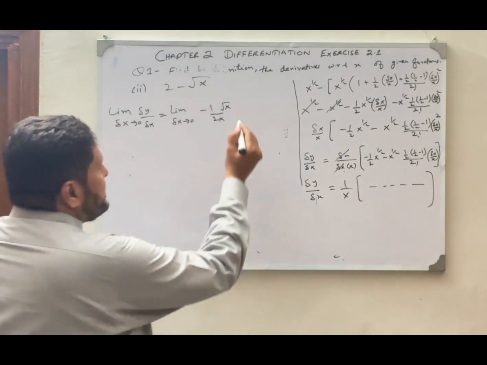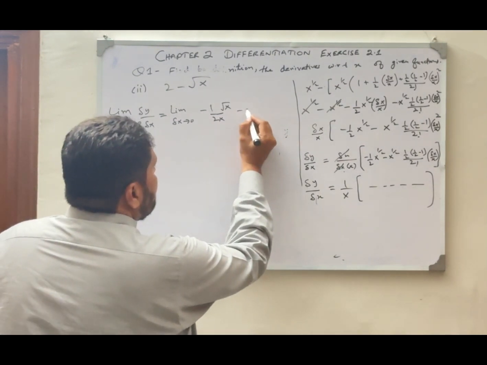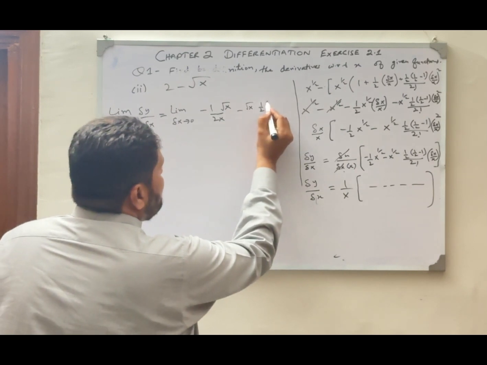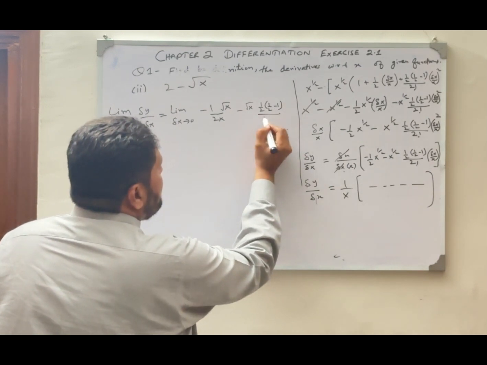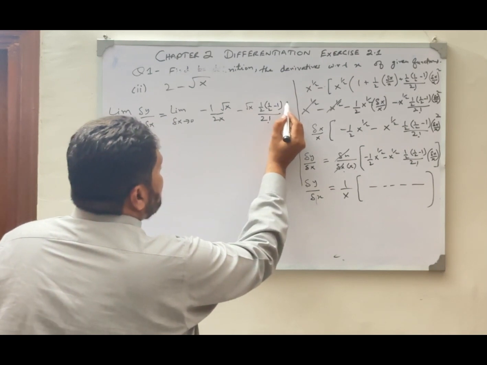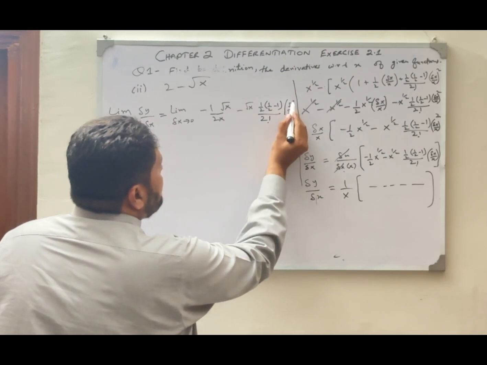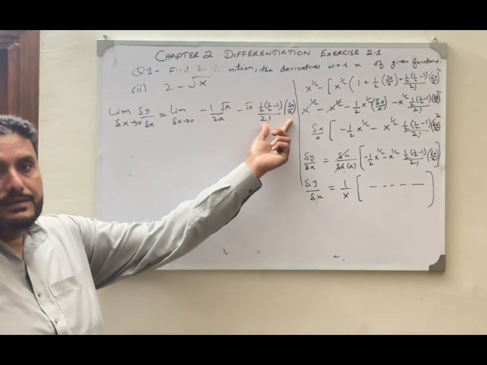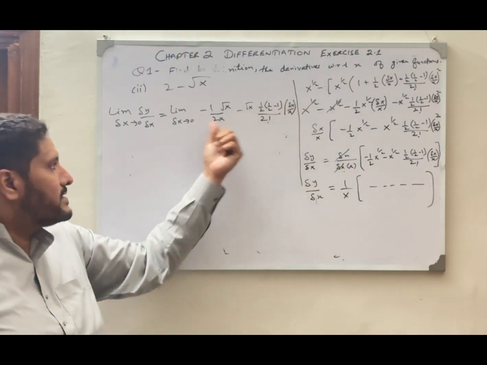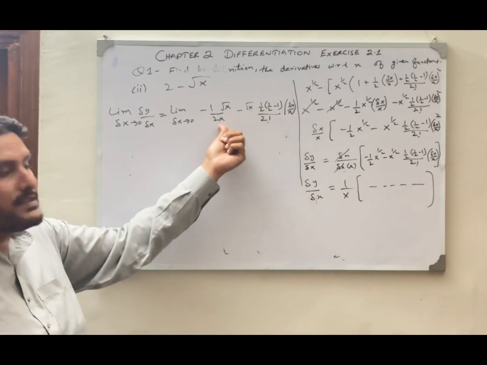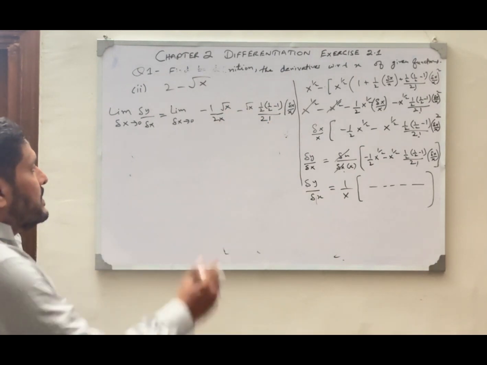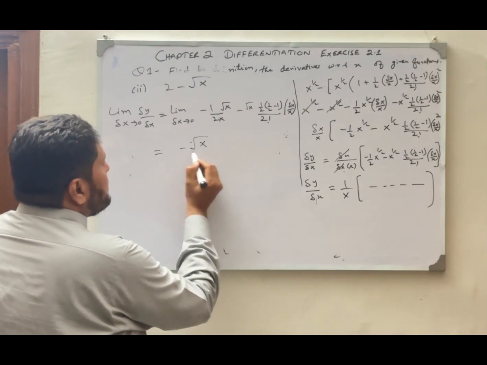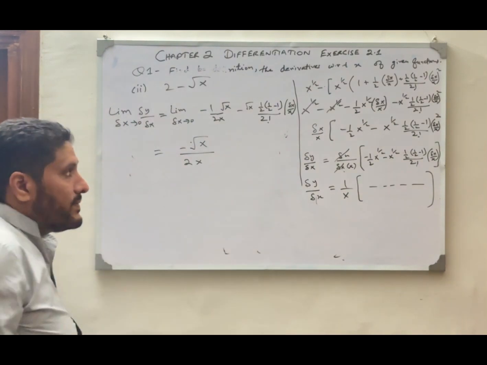And the second term will become minus square root of x into 1/2 into (1/2 minus 1) over 2 factorial into delta x whole divided by x. So after applying the limit, this second term will become 0 due to delta x approaching 0, and we only have the first term, that is the remaining term. So this will become minus square root of x whole divided by 2x.